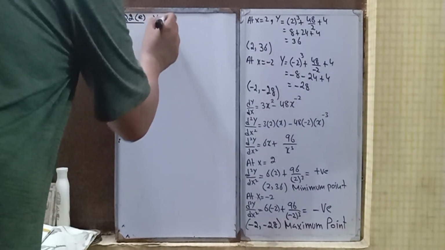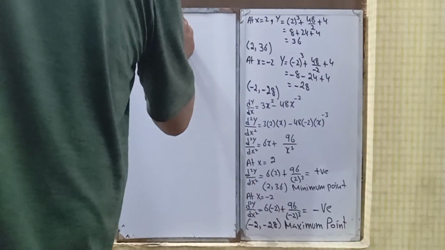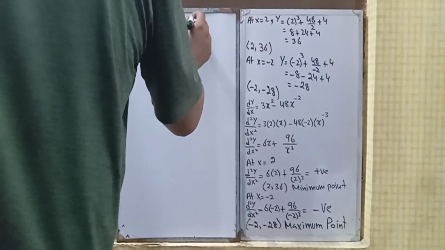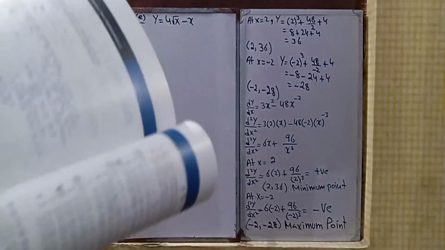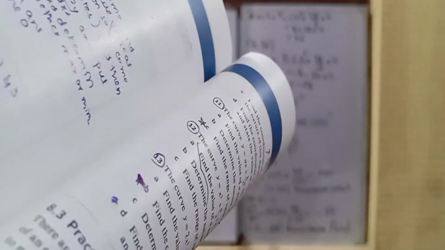Here y is equal to 4 under root x minus x. So this is the equation of the curve. Find the coordinates of the stationary points on each of the following curves and determine the nature of each stationary point.